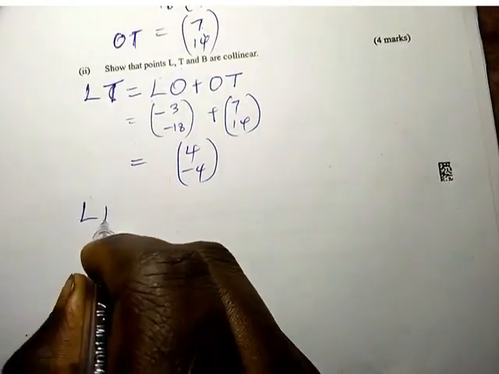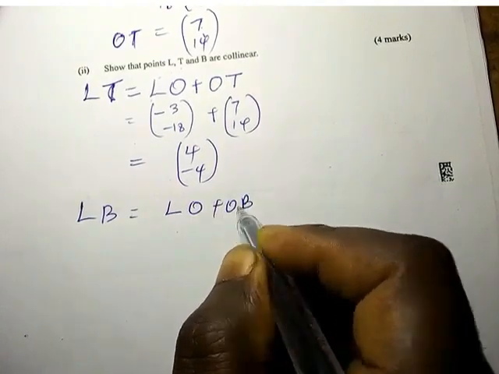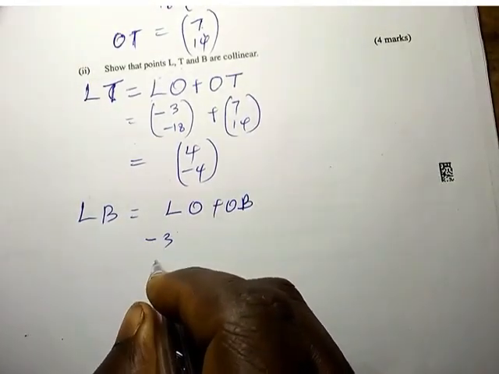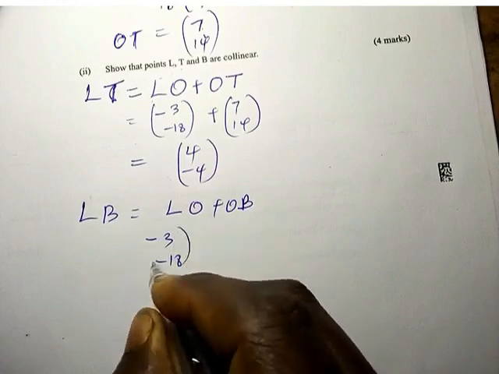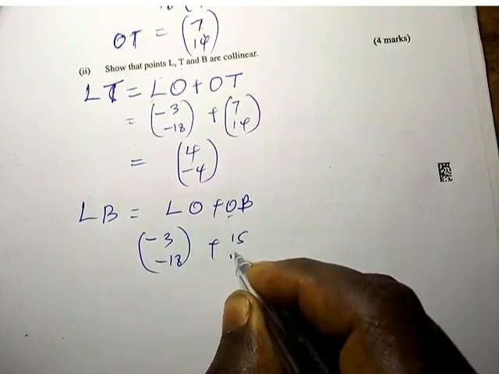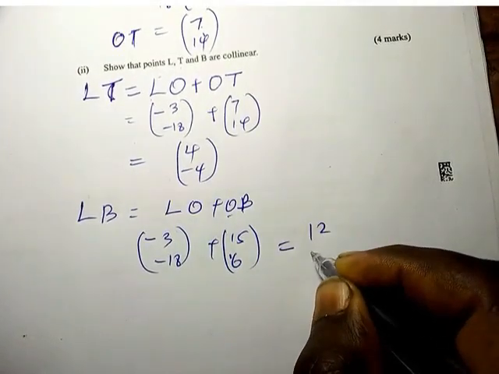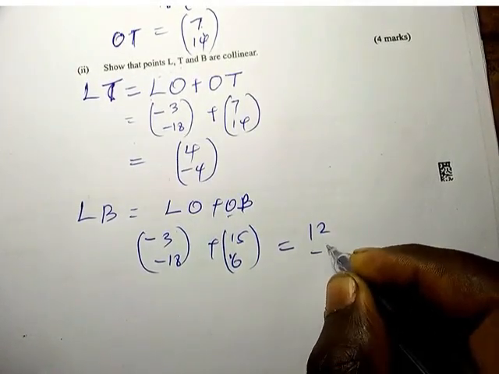You can also get LB equal to LO plus OB, which is negative 3, negative 18, plus OB, which is 15, 6. And this gives us 12, negative 12.